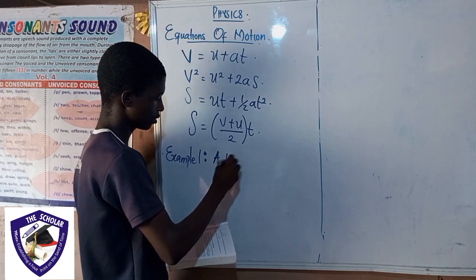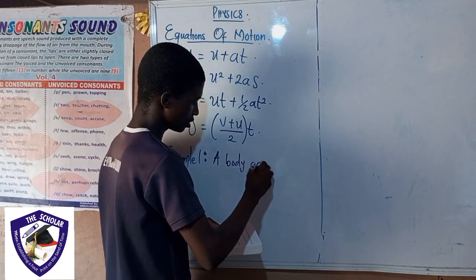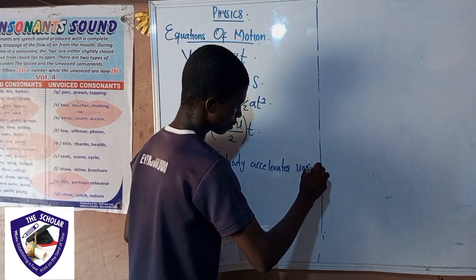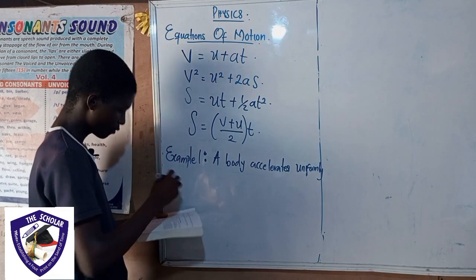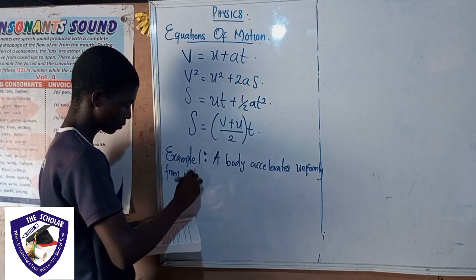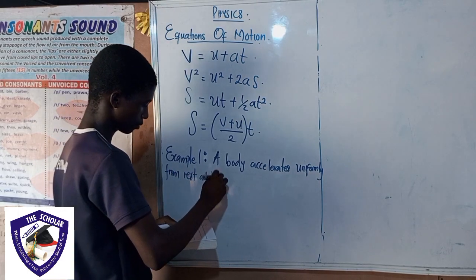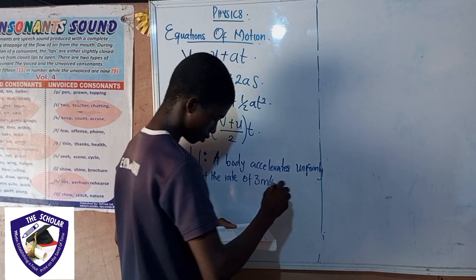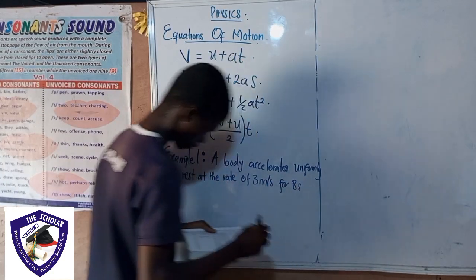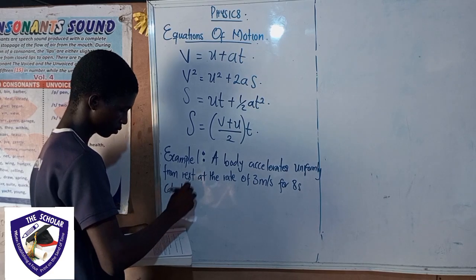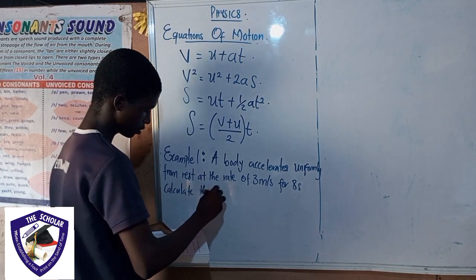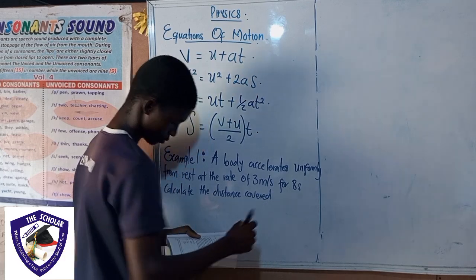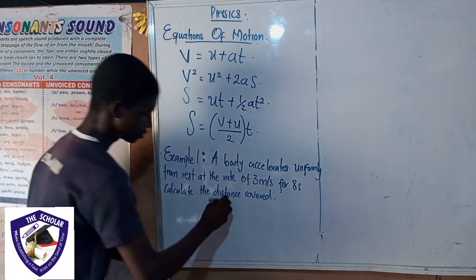It says a body accelerates uniformly from rest at the rate of 3 meters per second for 8 seconds. Calculate the distance covered.